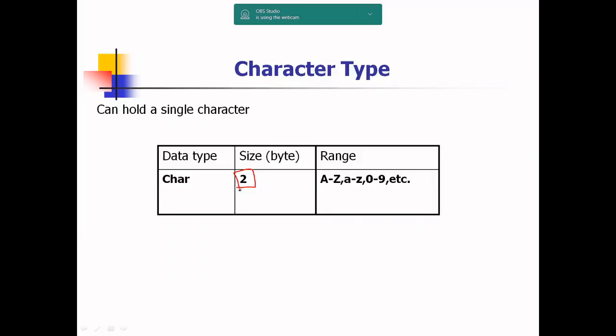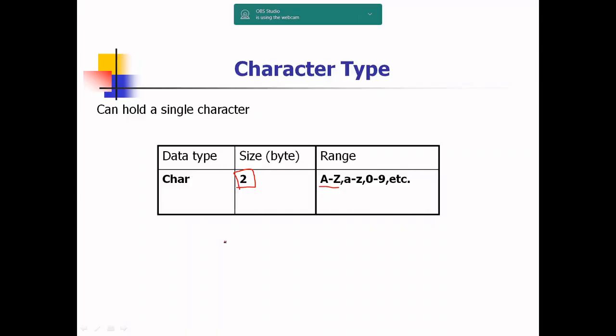In C, character type takes a single byte, whereas in Java, character type takes 2 bytes, and the values which can be stored in the character type are all the symbols which are enclosed in single quotes. We may store alphabets from capital A to Z, small a to z, numbers from 0 to 9, or any other symbols in the character type which is enclosed in single quote.